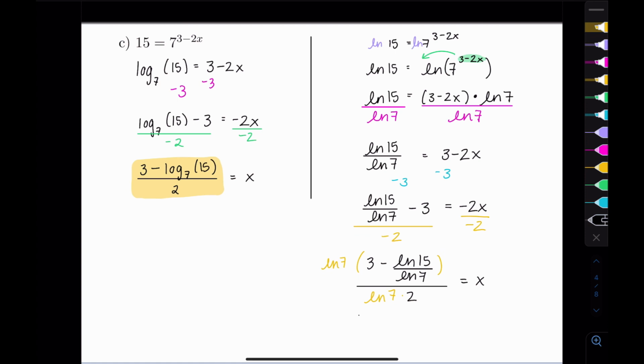So this would leave us with 3 natural log of 7 minus natural log of 15 divided by 2 times natural log of 7 equals x, because it would make this cancel when you distribute it out. Okay. So again, both of them work exactly the same. Completely up to you as to which method you want to choose, and you should be good entering this one as well. And again, if it doesn't, let me know, and I'll be happy to correct it for you.